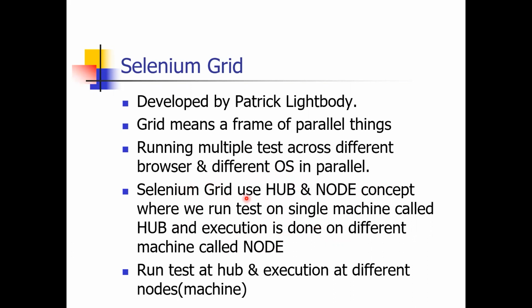So we run the whole test on a single machine and execution is done on different nodes. Simply, we are doing things in parallel. We are running our test cases in parallel on different browsers and on different OS.